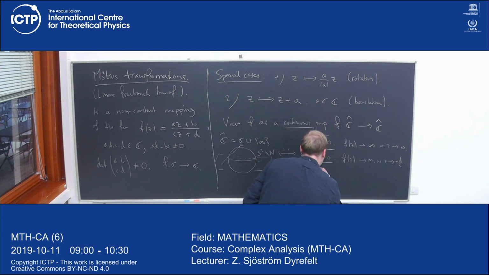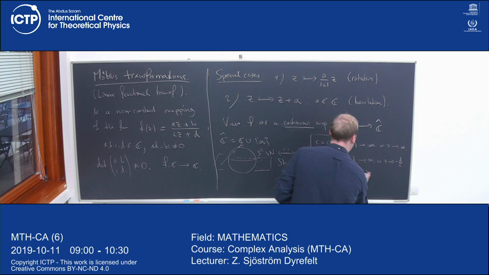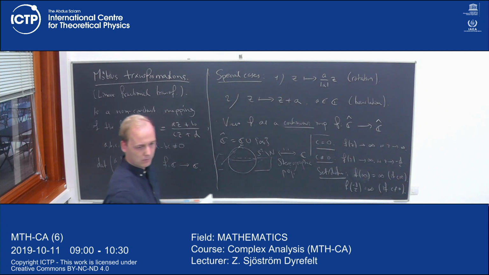So what I'm trying to say is that I can define f of infinity to be, well, in the first case, I can set f of infinity equals infinity if c equals 0, okay? And otherwise I can set f of minus d over c equals infinity if c is not zero, okay?